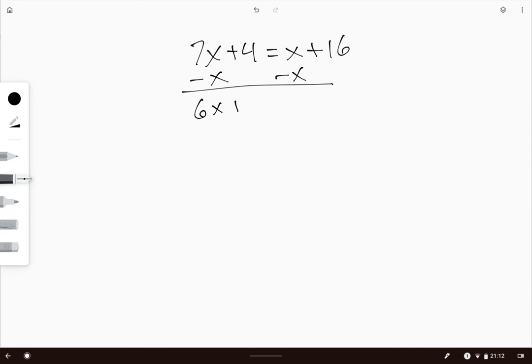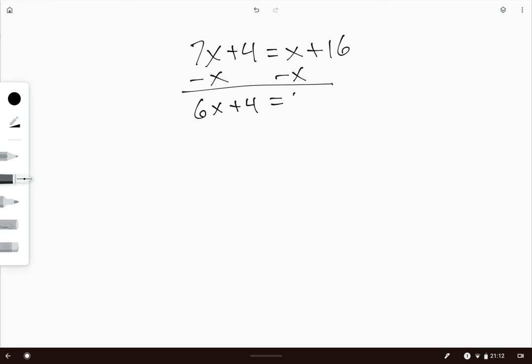All right, so for number 4, I have 7x plus 4 equals x plus 16. So same thing, I want to isolate my variable to one side of the equation. So I'll move my smaller to my larger. So I subtract the x from both sides. So 7x minus x is 6x.